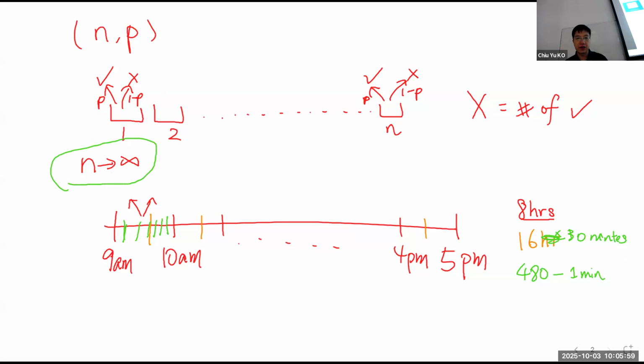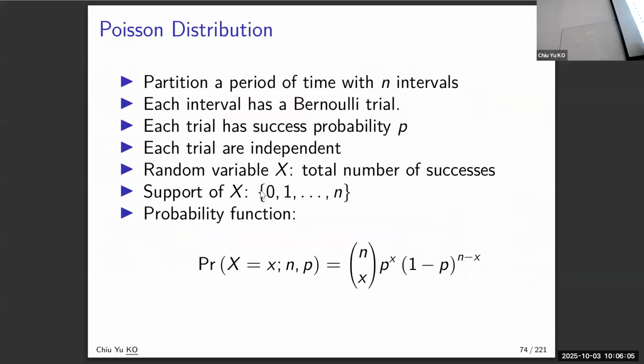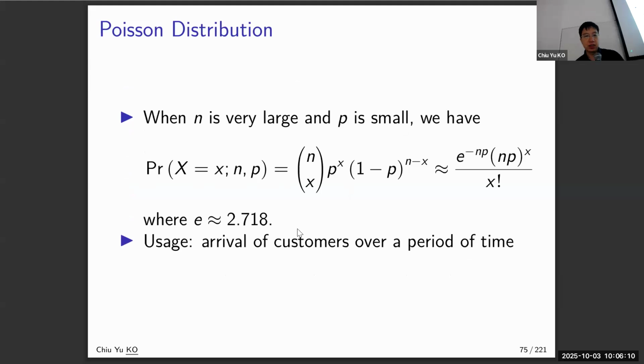That means nothing new here for the Poisson, except that this is the same formula. But why do we still call this Poisson? Because of the approximation in mathematics: when n goes to infinity and p is small enough, this guy can be written as this formula. You ask, but why is this better than the other?